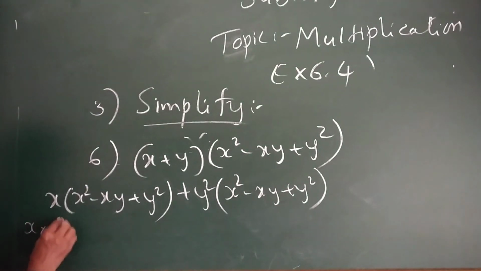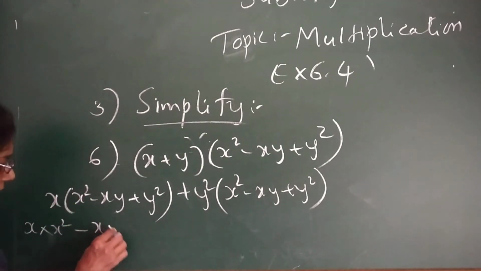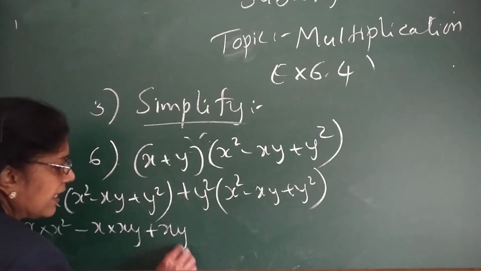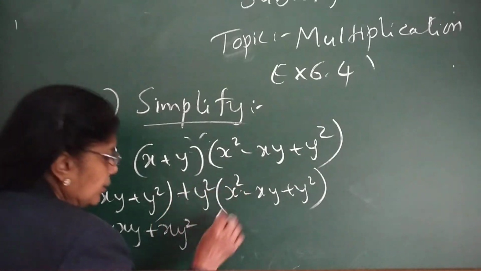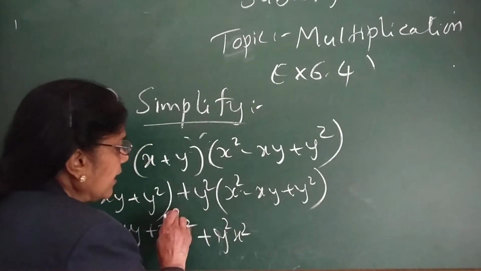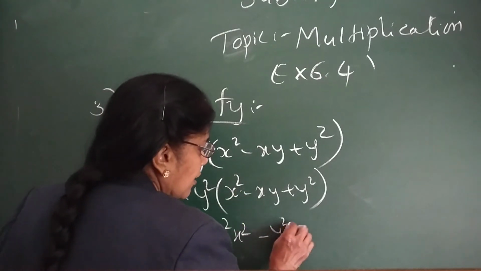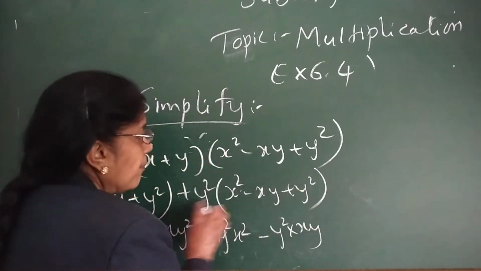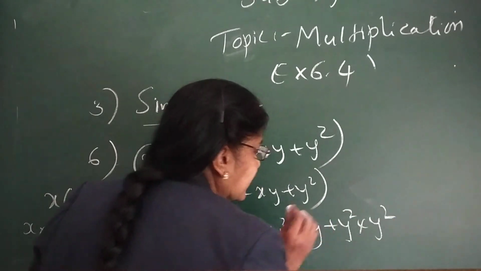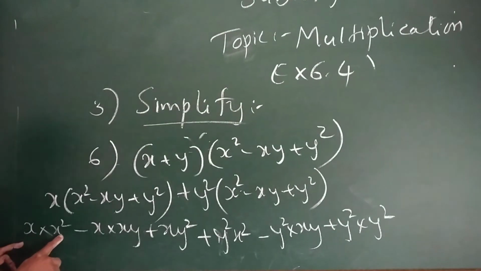X into x square, plus into minus is minus, x into xy, plus into plus is plus, xy square; plus into plus is plus, y into x square, plus into minus is minus, y into xy, plus into plus is plus, y into y square. X into x square is what?